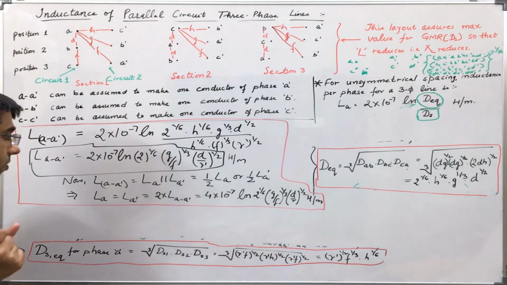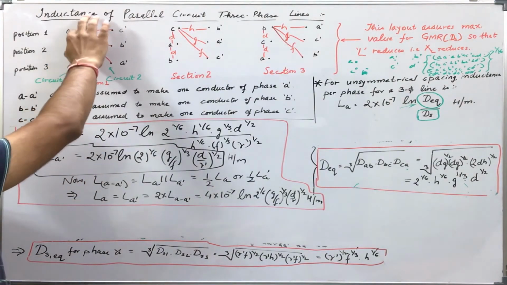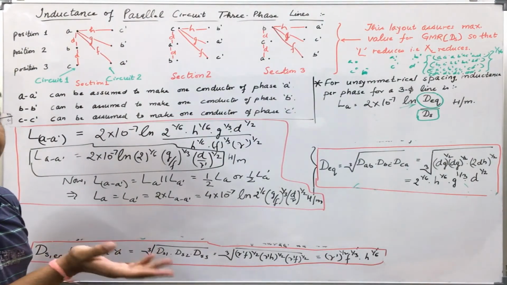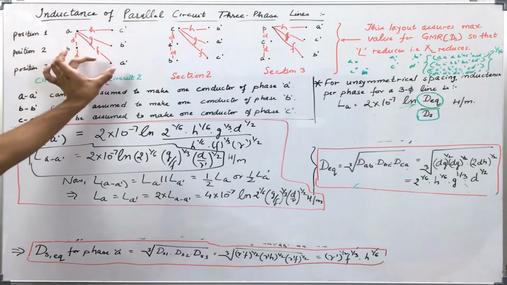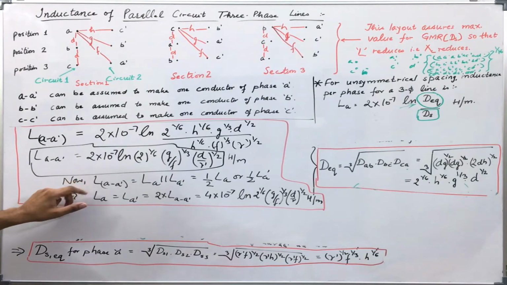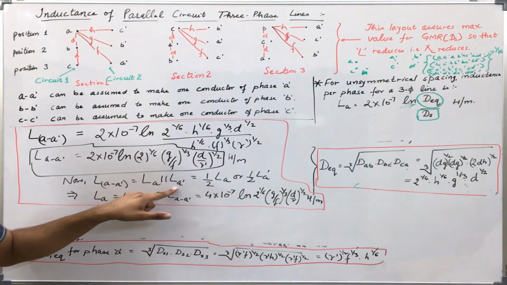Now you can see that if I assume that these strands, these A A dash strands, are carrying equivalent current and these are in parallel, so the inductance of this strand and this strand will be in parallel, and the equivalent inductance of the composite conductor will be half of either of these two.